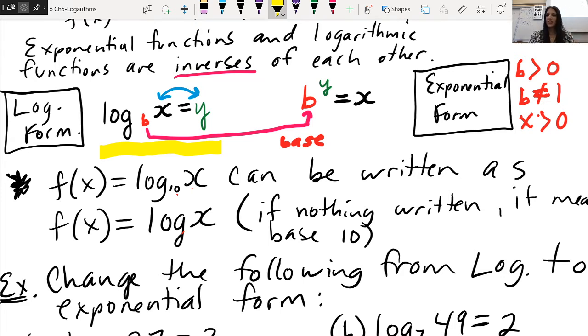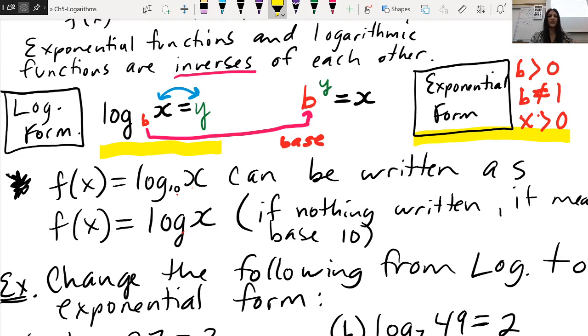Let's take a look at this part here. We have these restrictions. We know that our b value must be greater than 0. Our b value is not allowed to be equal to 1, because if I plug in 1, what's my answer always going to be? It's always going to be 1. Does that make sense? Because of the nature of exponential functions.